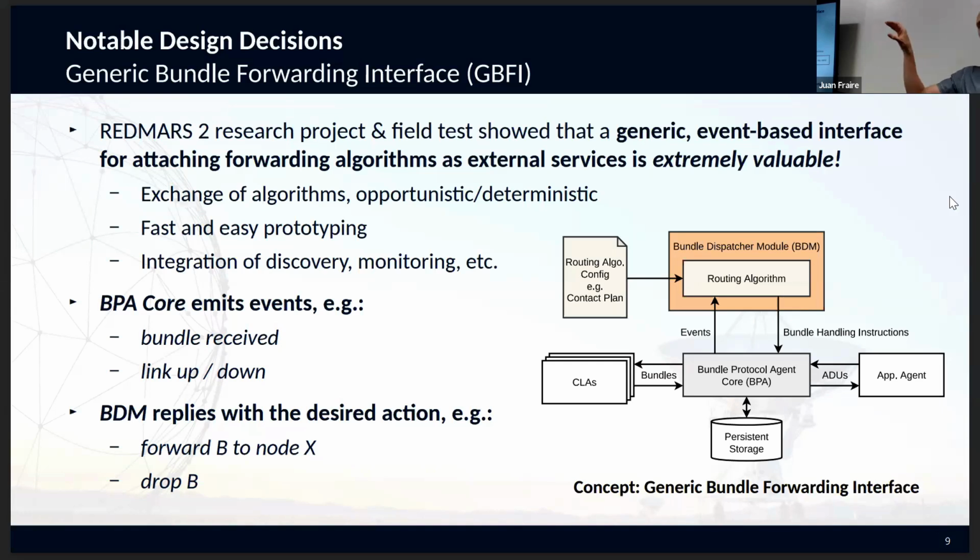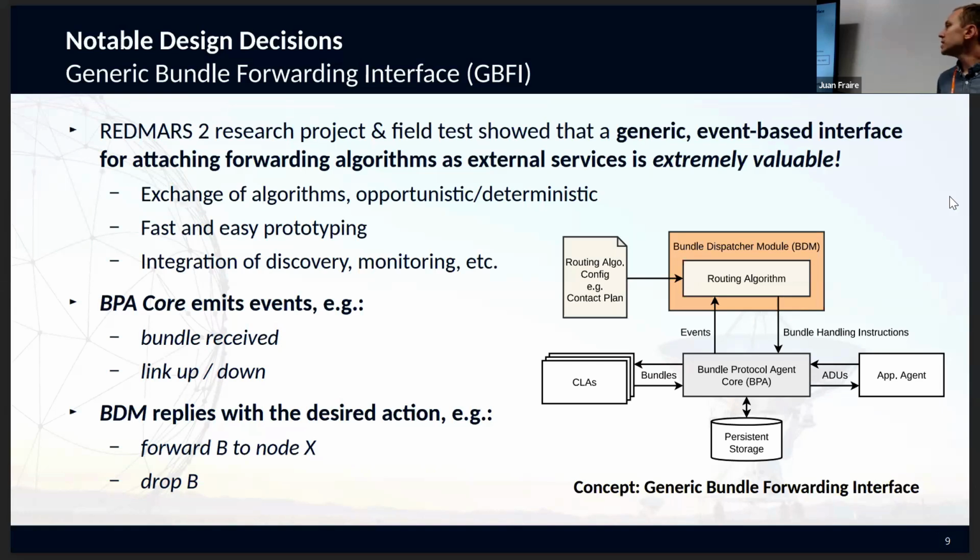So, for example, to have opportunistic forwarding and deterministic forwarding, and have them easily exchangeable in configuration when launching the DTN protocol agent. This allows also fast and easy prototyping. It allows integration of stuff like dispatching the drones autonomously, monitoring, and so on.